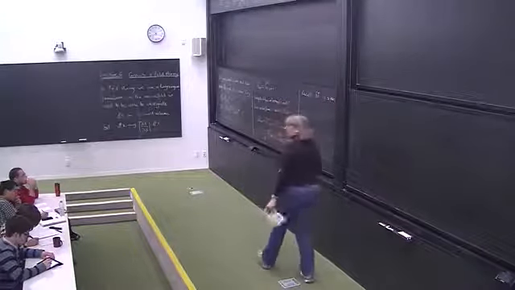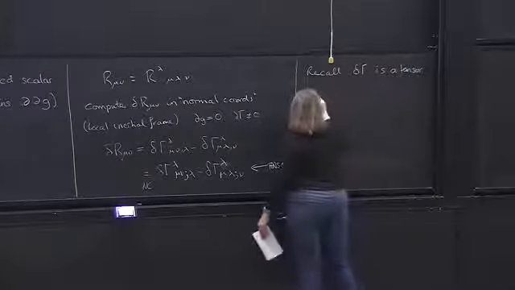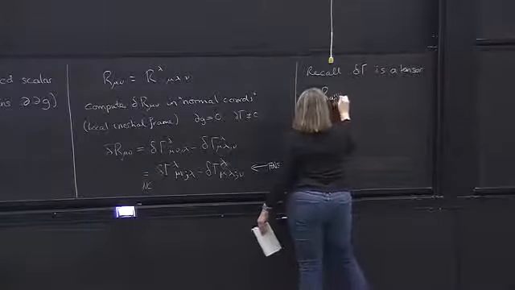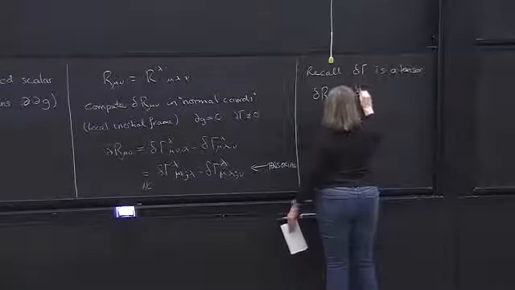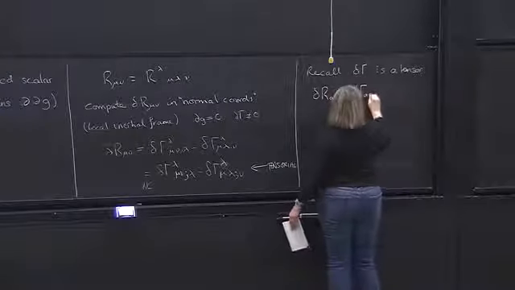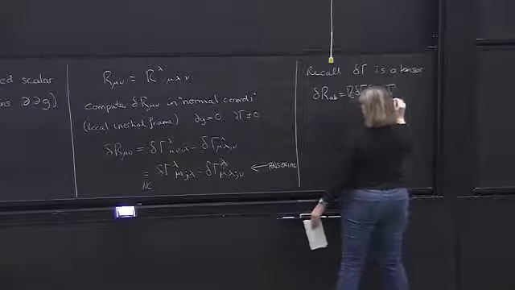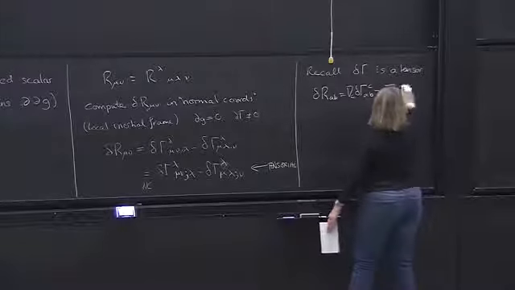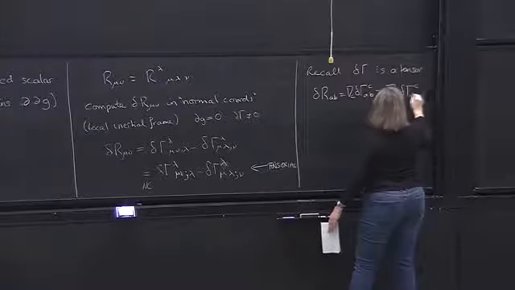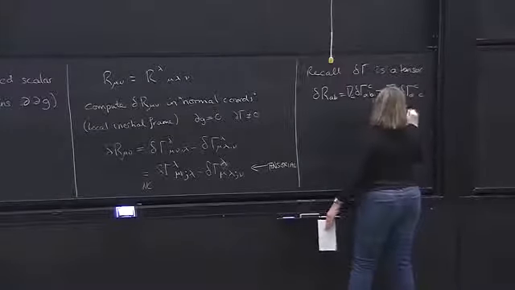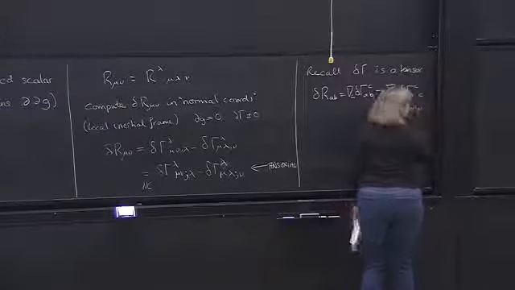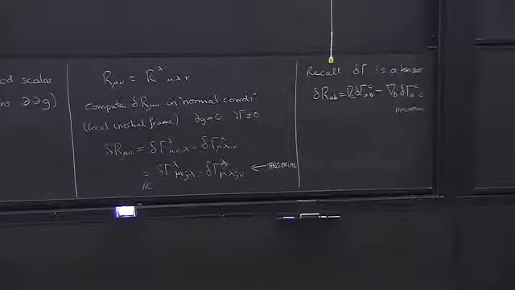So what we've just shown is that in any coordinate system, the variation of our Ricci tensor is simply an expression involving variations of our connection.